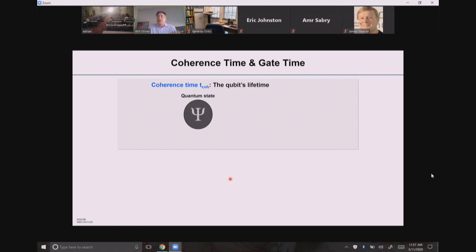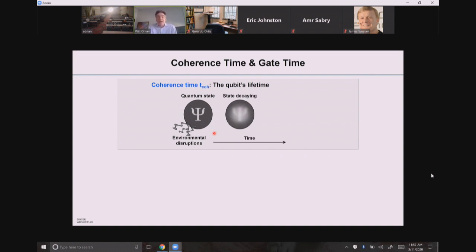So let's start with the coherence time. This is how long a qubit remains quantum mechanical. So we put our computer into some quantum state, and we know that state exactly at time t equals 0. But as soon as we get started, it starts to interact with its environment, basically uncontrolled degrees of freedom that we don't know about, or maybe we know about them, but we don't have control over them.